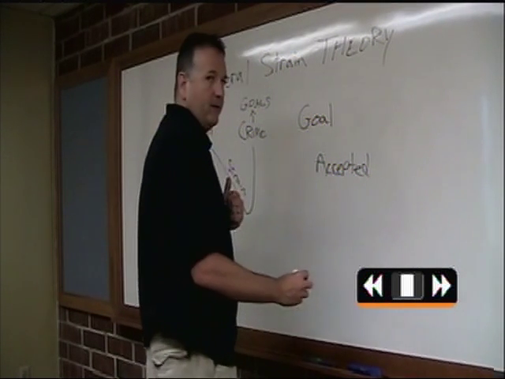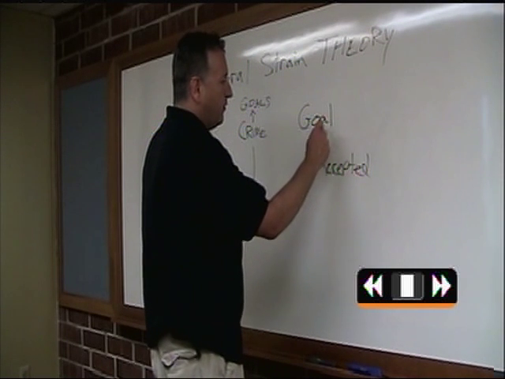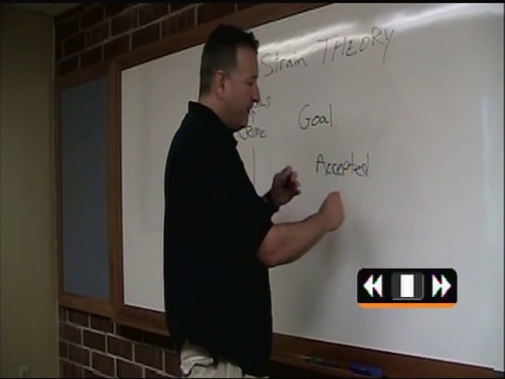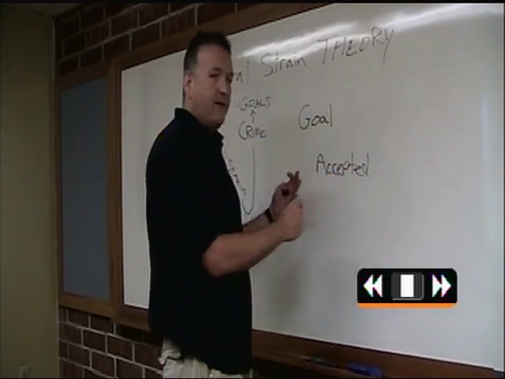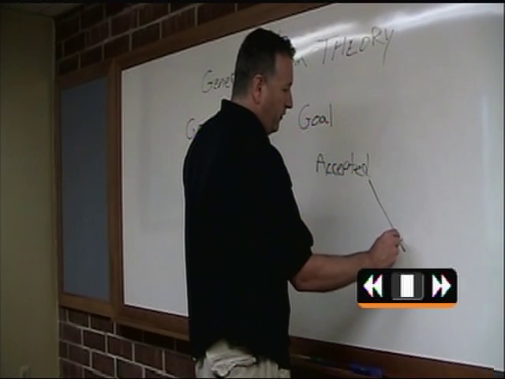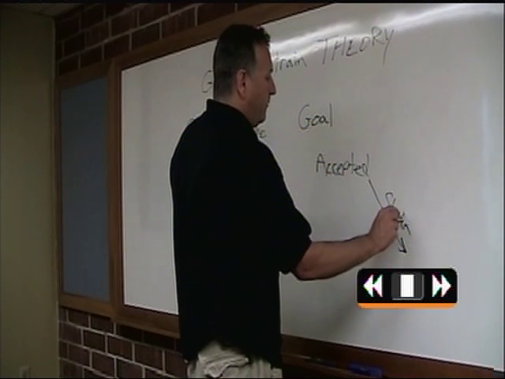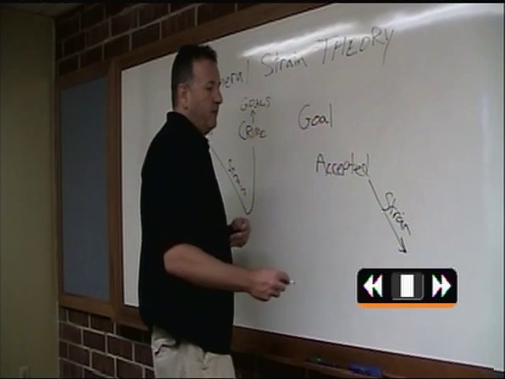And what actually happens is the person experiences strain not so much if they don't hit their goal, but even if they don't hit this middle mark, what they would believe to be their accepted or anticipated result.